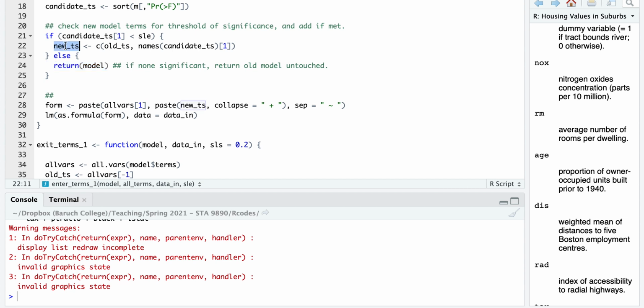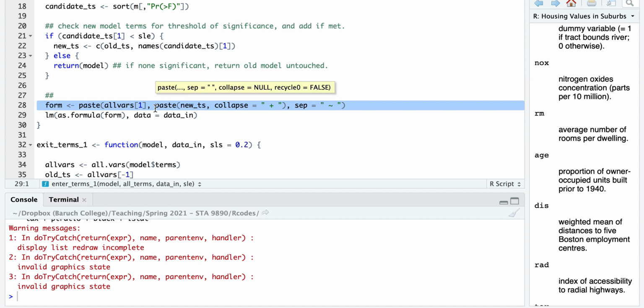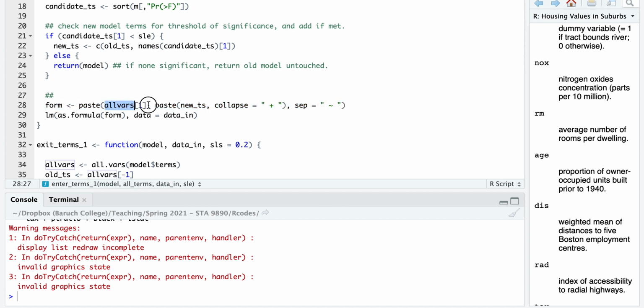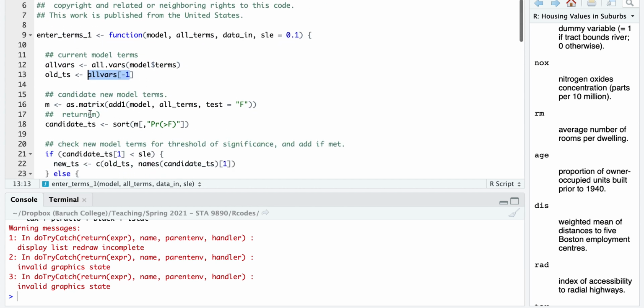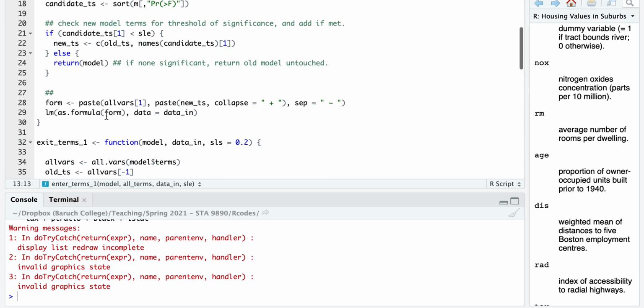Once we have a new list of predictors, here we use this command which takes the all vars 1. What is all vars 1? All vars 1 was what we removed here, and it's the response. So take the response. Here we're creating a text.